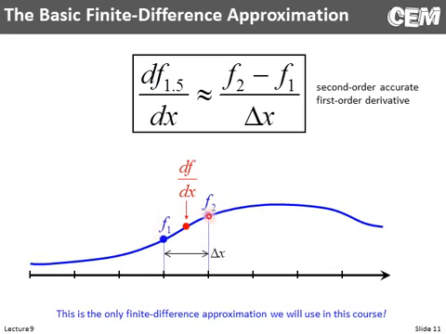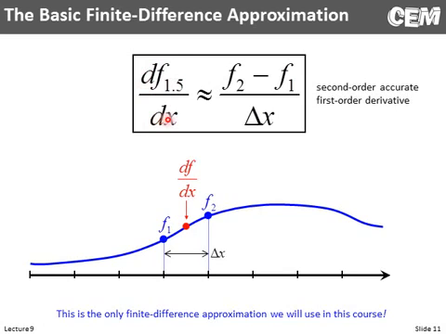We know the function value at 2 points. Let's say we want to calculate the derivative. The derivative is the slope of the function. So from the definition of slope, rise over run, we can immediately write a way to approximate the derivative right at the center point between these 2 points.